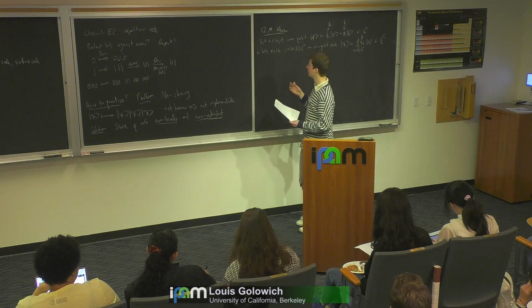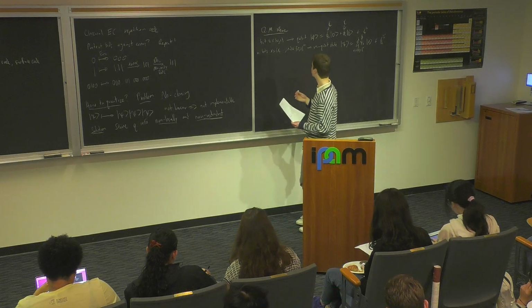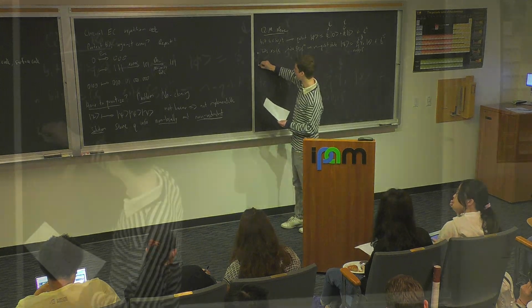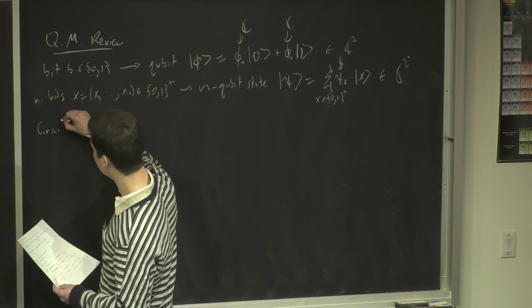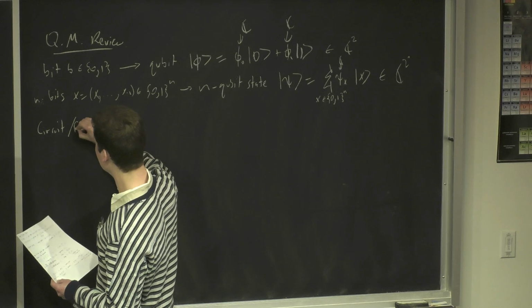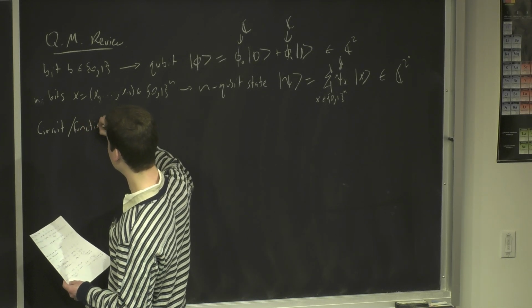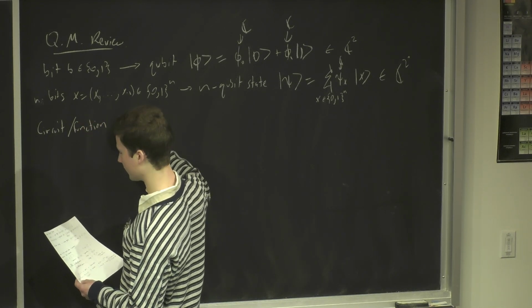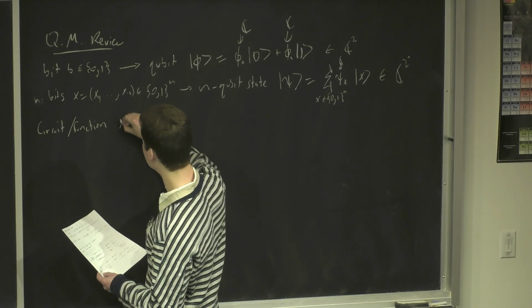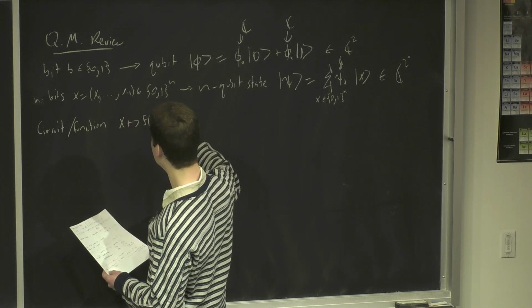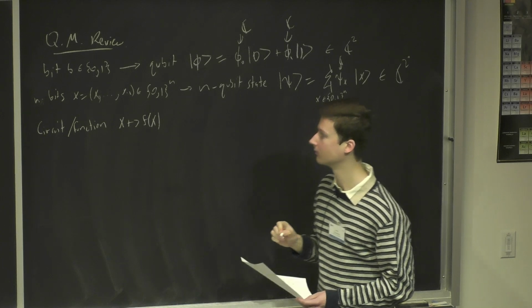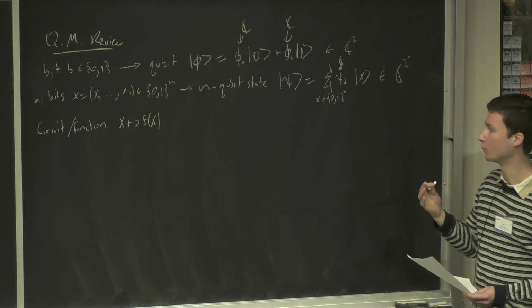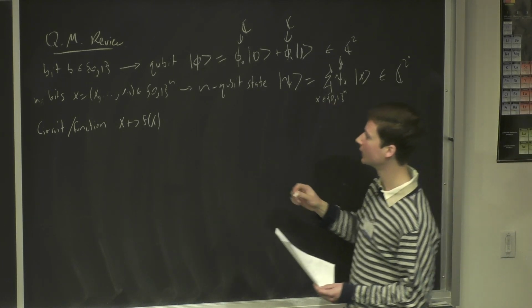Now, finally, we also need to think about performing computation on these states. Classically, we can run circuits, which really just means we apply an arbitrary function to our bits. So it's a function that maps, say, a bit string x to another bit string f of x. That's what we can compute with a classical circuit.